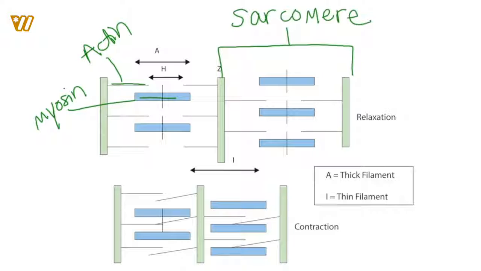That distance shortens. The other thing that shortens on this chart is the I band, all right? So the distance between the different myosin and the different actins, that would be the H bands. Those shorten, but the actual myosin and actin filaments do not shorten in length.